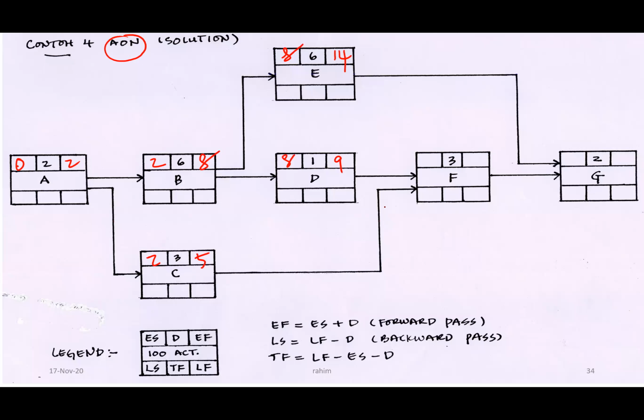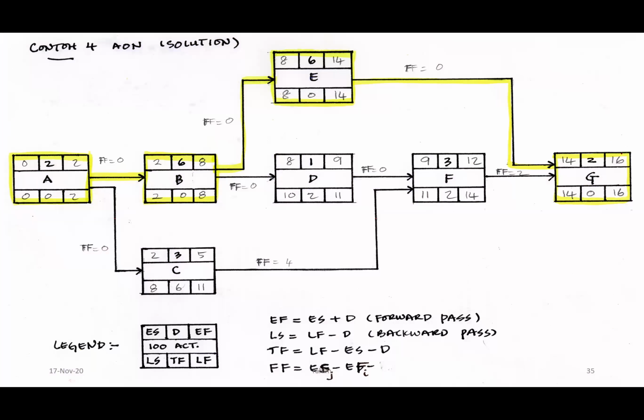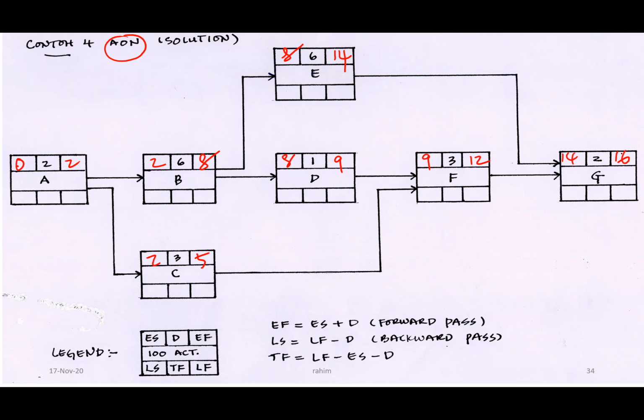Then there are 2 arrows here, could be 9 or 5, so we choose 9. 9 plus 3 equals 12. And between 12 and 14, for sure 14 will be here. 14 plus 2 equals 16. So that is the answer.